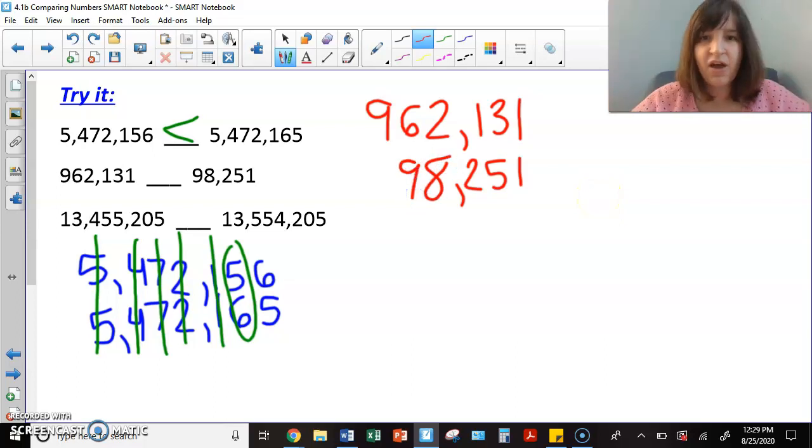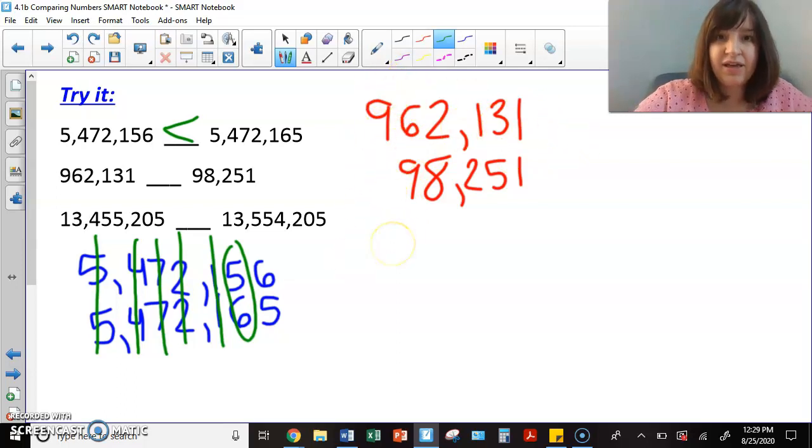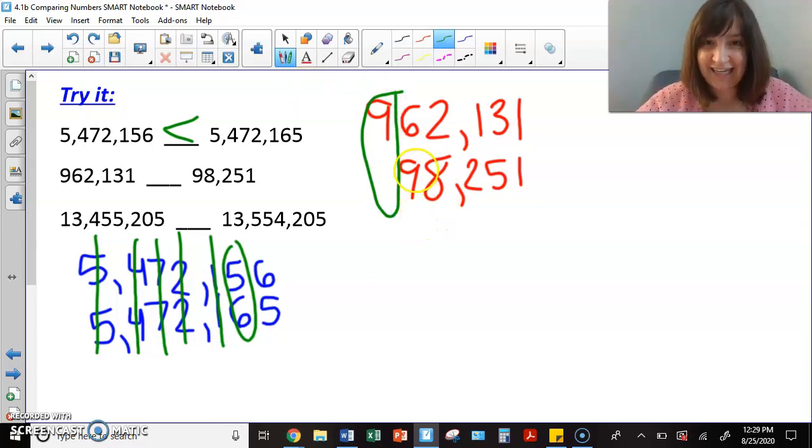All right, I want you to notice something about this number. These don't have the same number of digits, which means the greatest shared place value is right here, because technically there's an invisible 0 in this number right here, and 9 is greater than 0.